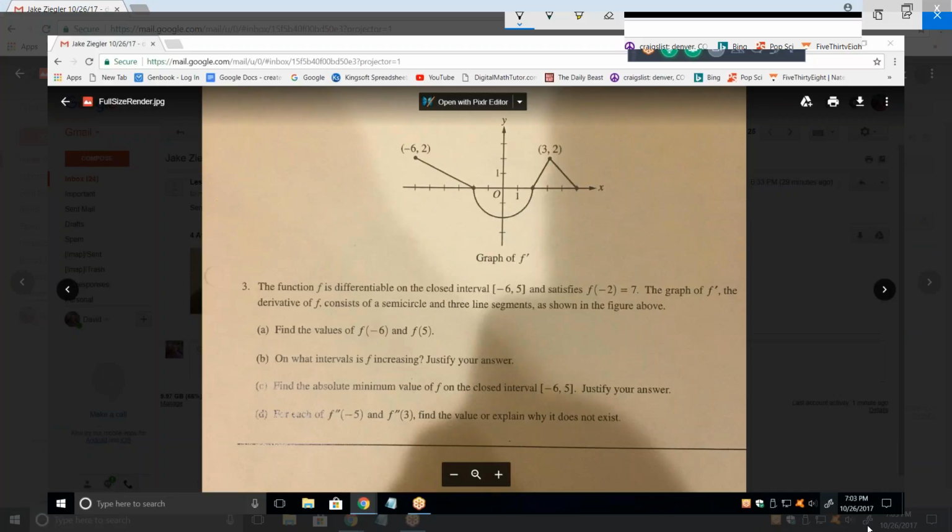I can see 3 points where it's not differentiable. Am I missing something? No, that's really weird, actually. Not differentiable there, it's not differentiable there, and it's not differentiable there. I'm not really sure what it's supposed to mean. Yet it says it's differentiable on that interval, -6 to 5.